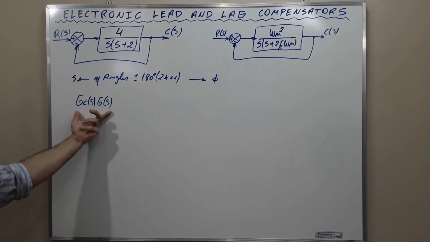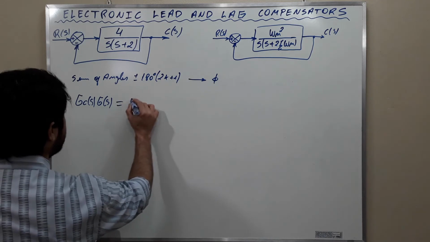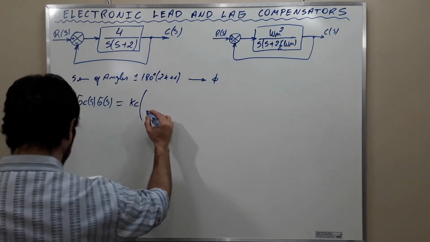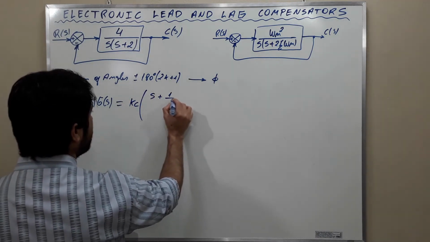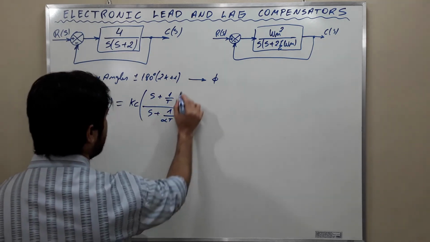Together, they are the block diagram of the compensated system. Okay, the open loop of the compensated system is this, and it is of the sort Kc (s plus 1 over T) over (s plus 1 over alpha T). All right?